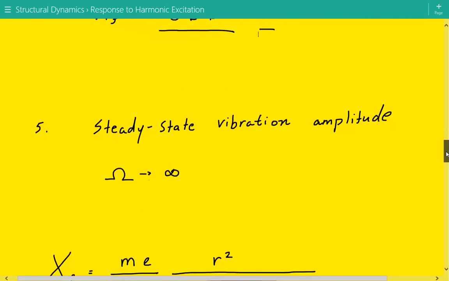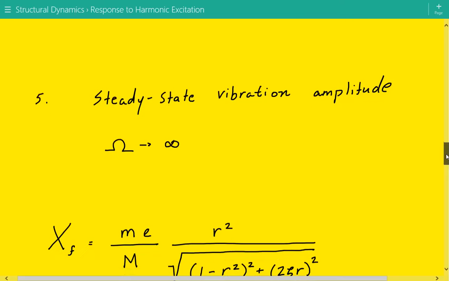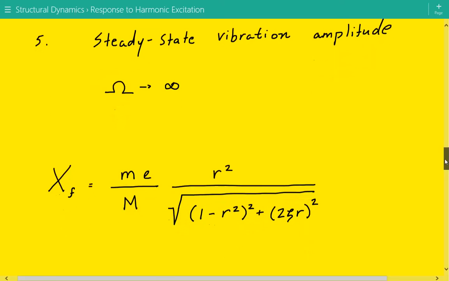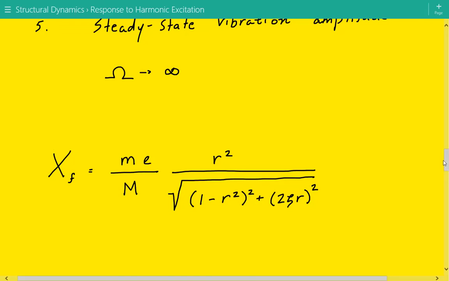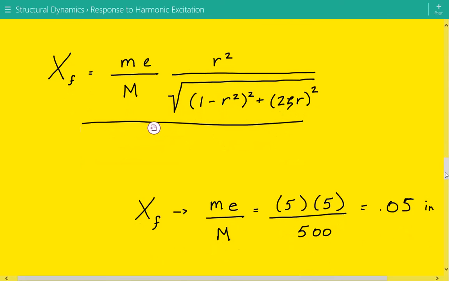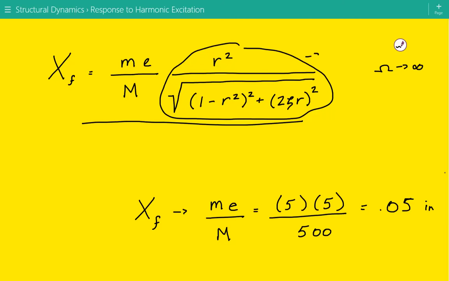And lastly, the problem statement asks us, what's the steady state vibration amplitude when we have a very large operating speed, when the excitation frequency is going very large? So here's just the basic formula for our steady state vibration amplitude, which we already introduced in the previous step. What happens is, if you plug it into some spreadsheet, you'll see that as you increase the operating frequency omega, as that goes larger and larger, this part of the formula just approaches 1.